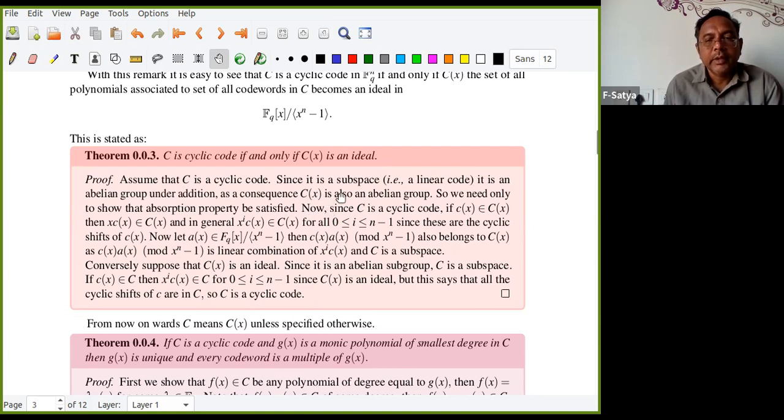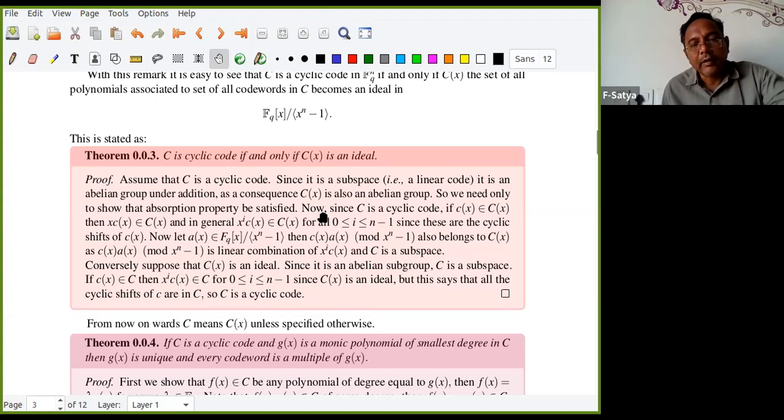To prove it is an ideal, what do I have to show? First, I want to show it is a subring: the product will be there, and the absorption property will be there. Abelian group means it is closed under addition, closed under multiplication, closed under scalar multiplication. The ideal definition has this, but we will call it the absorption property.